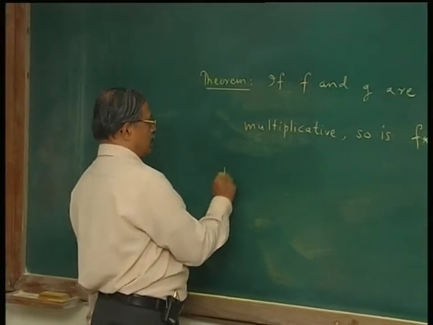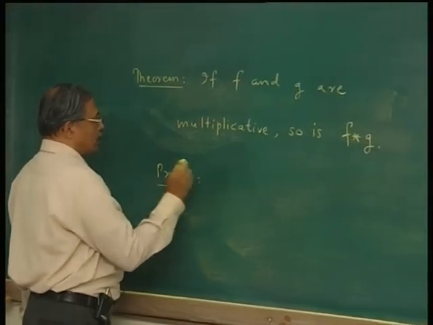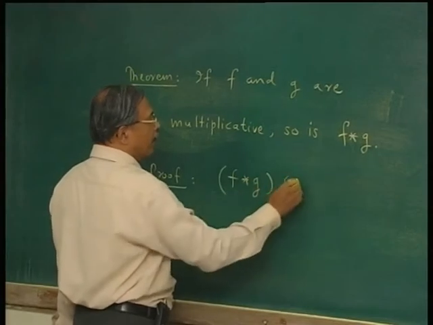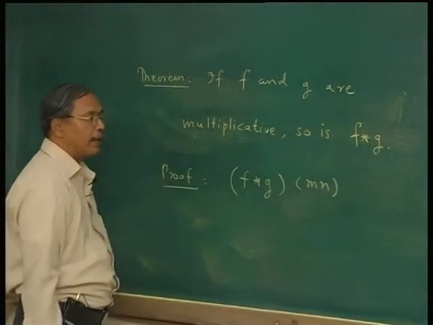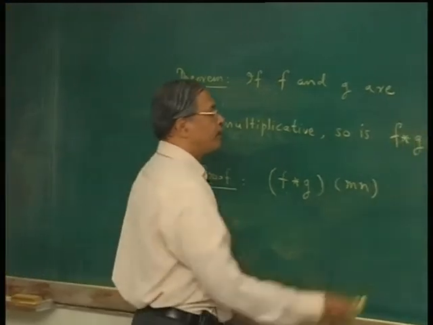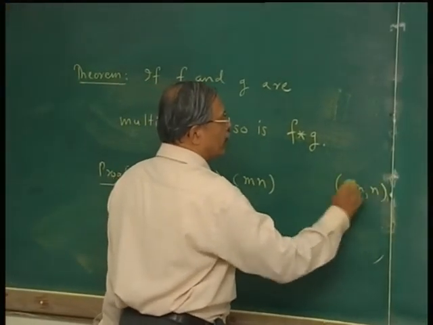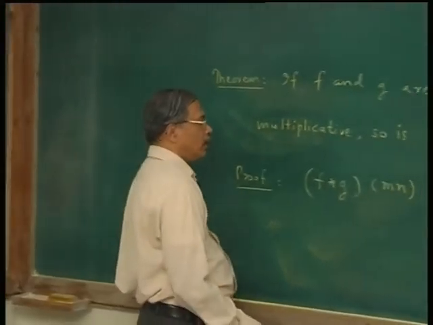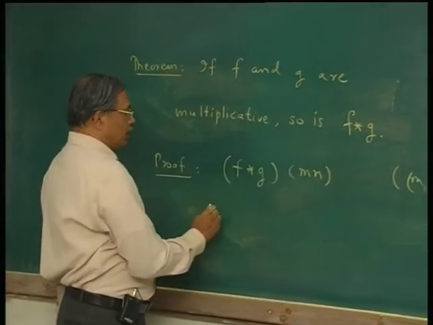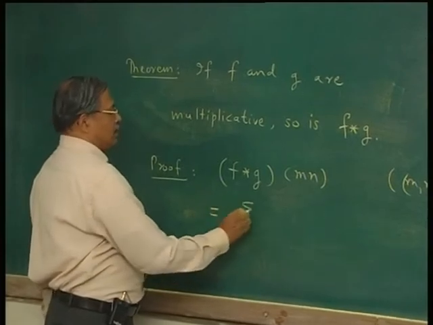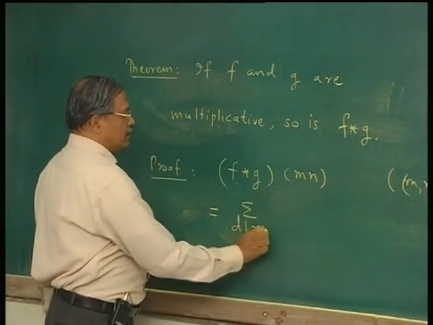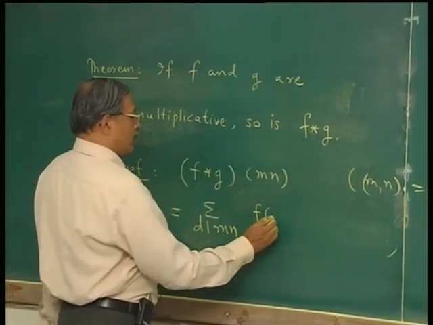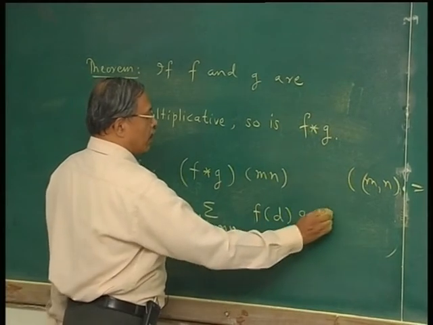To show this, what is f star g of mn, where m and n are coprime, that is, gcd of m and n equal to 1. We are assuming that gcd of m and n equal to 1. Assume f and g are multiplicative. Now this is summation d divides mn f of d g of mn by d.